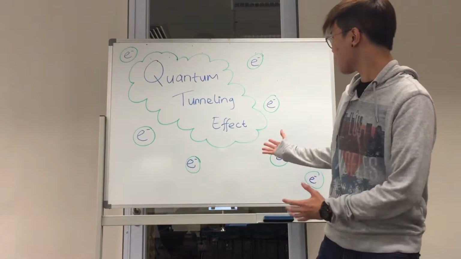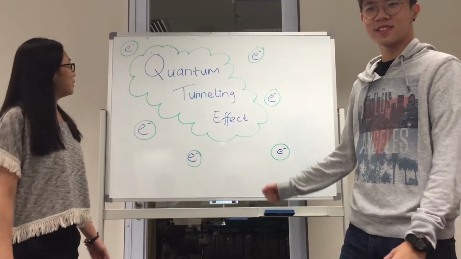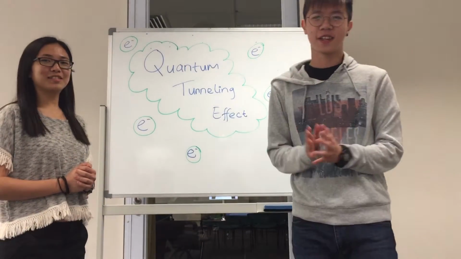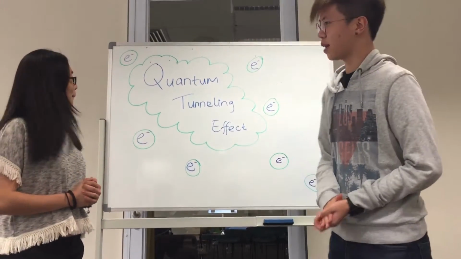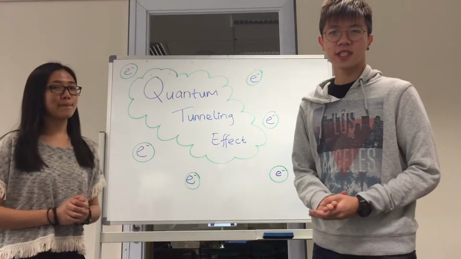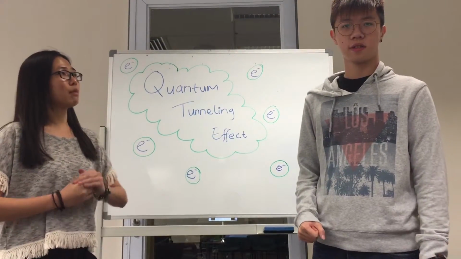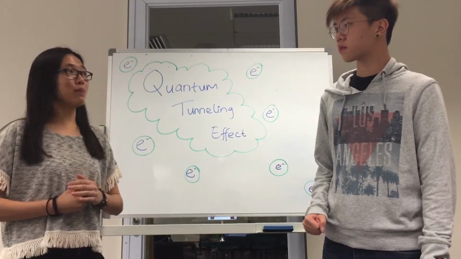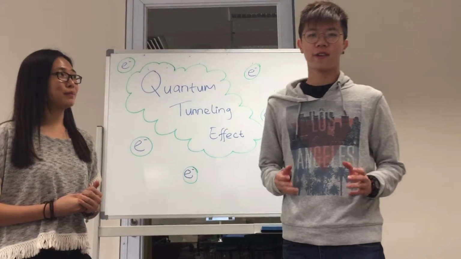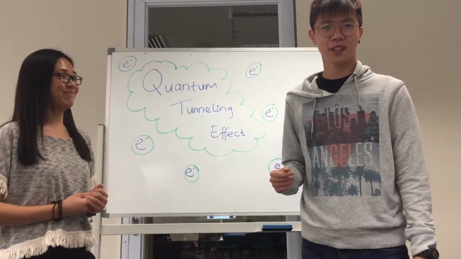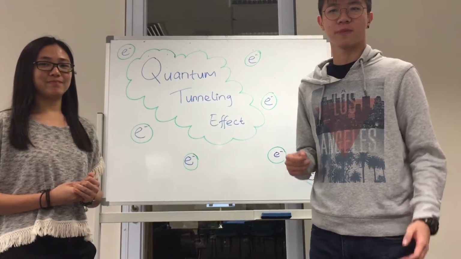Quantum tunneling effect! Well, what is quantum tunneling effect, Jorel? Well, Ratna, quantum tunneling effect is used to describe the phenomenon where certain subatomic particles are able to tunnel through energy barriers. But what is an energy barrier? Well, energy barriers are areas where the energy required to pass through is greater than the energy contained by the particle.